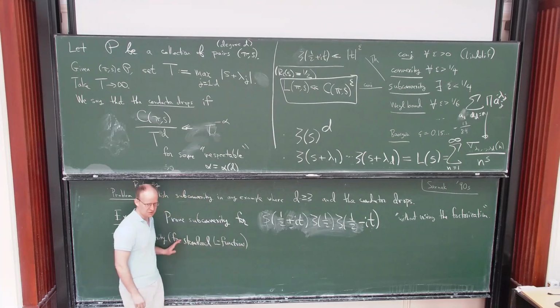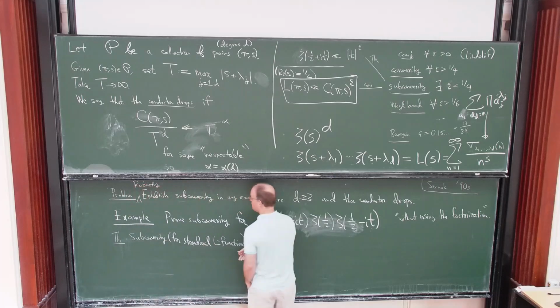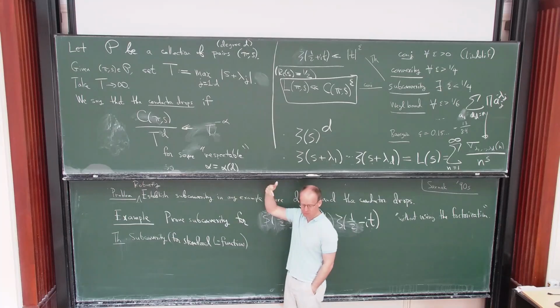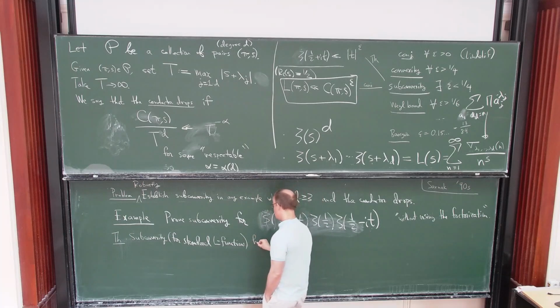So you can think of this as conjecturally all of them, and it's a reasonable class in which we can, in particular, prove the basic properties of the functional equation. So this holds in all other cases.